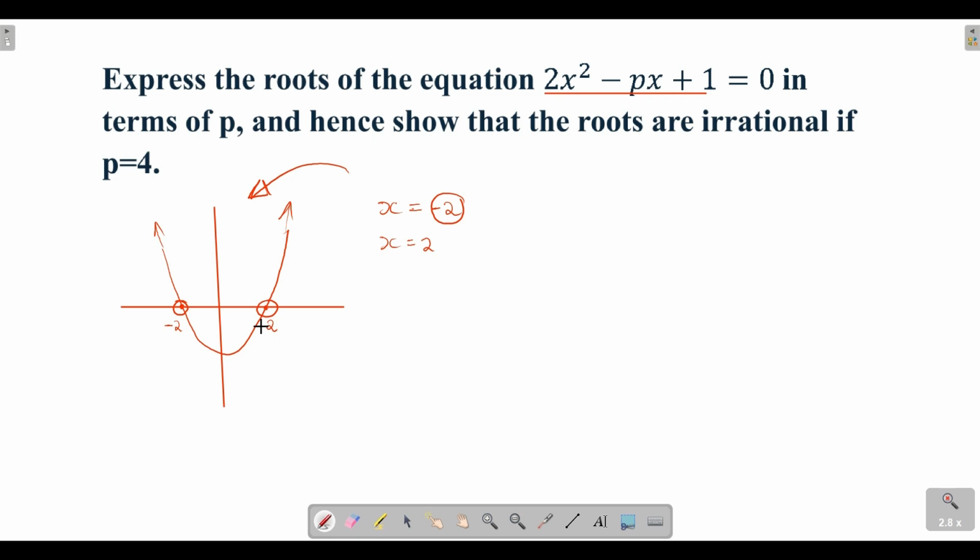What is the x coordinate where this function cuts the x-axis? They want you to determine the solution of this equation. The roots are the x coordinates where your function cuts the x-axis, so it's x equals -2 and x equals 2.